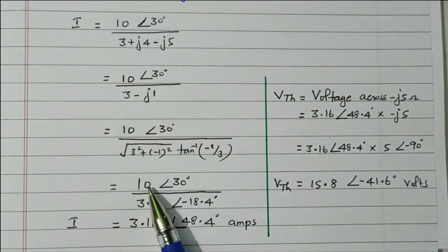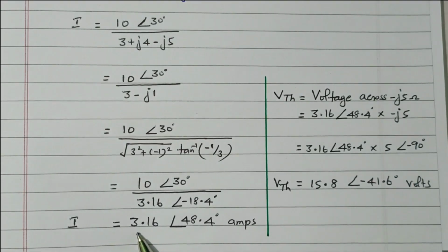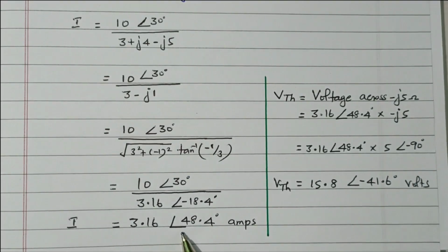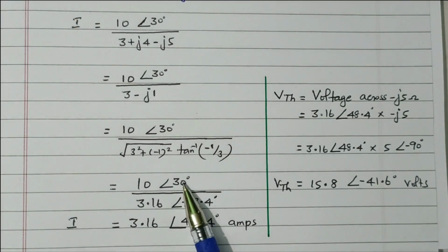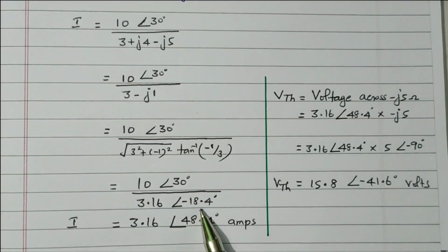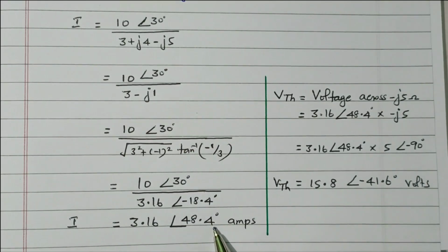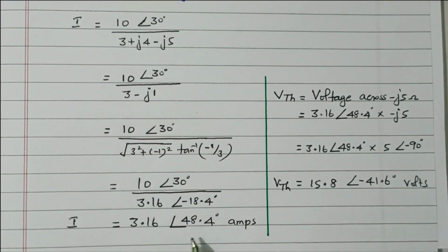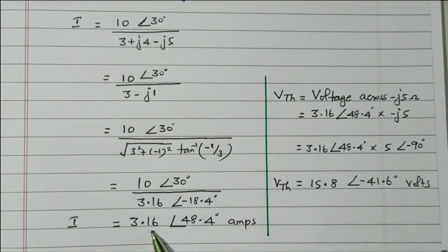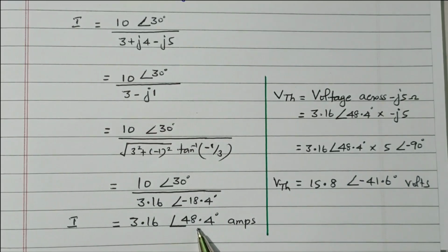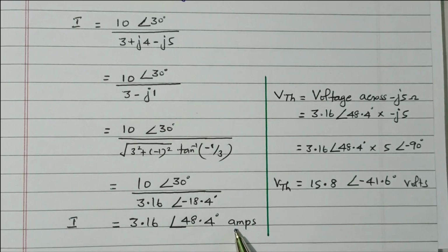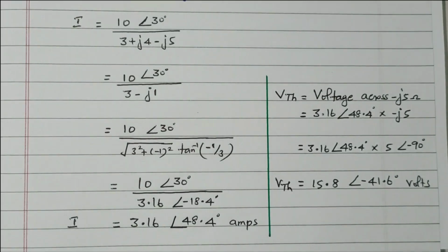So in this division, 10 divided by 3.16 gives 3.16 ampere. Then the angle is subtracted: 30 minus of minus 18.4, so the minus becomes plus, giving 48.4. So the value is 3.16 with an angle of 48.4 degrees ampere.